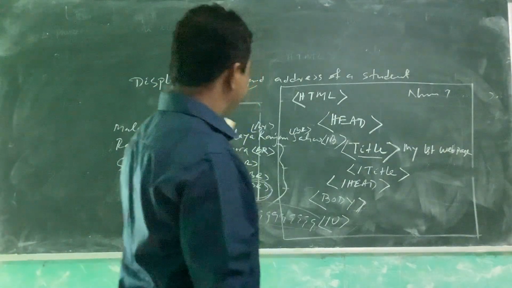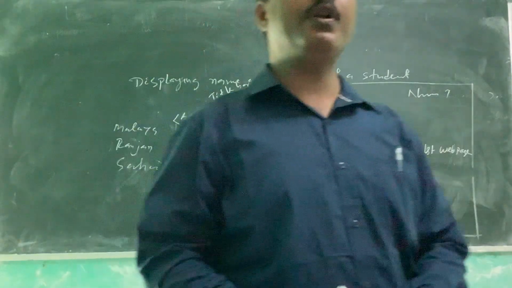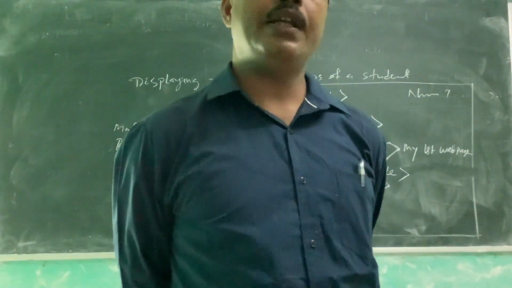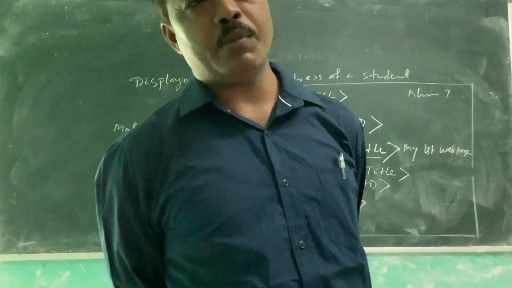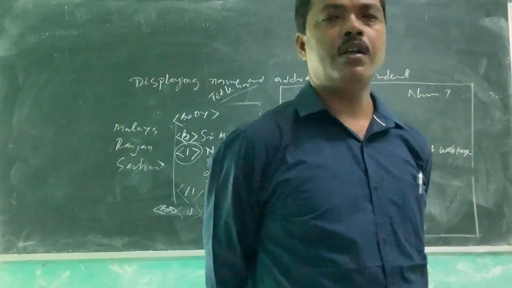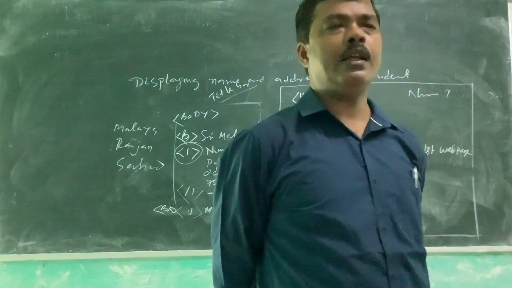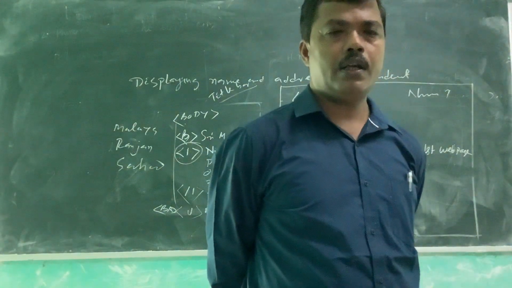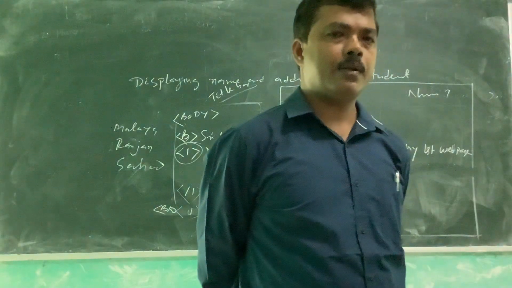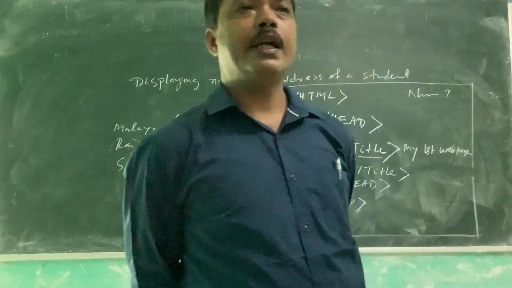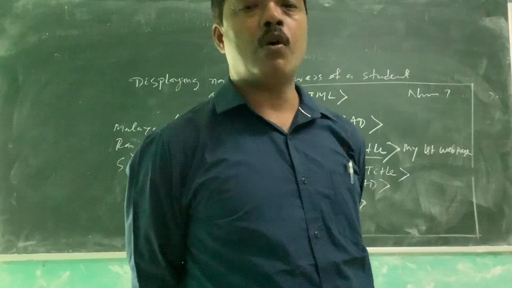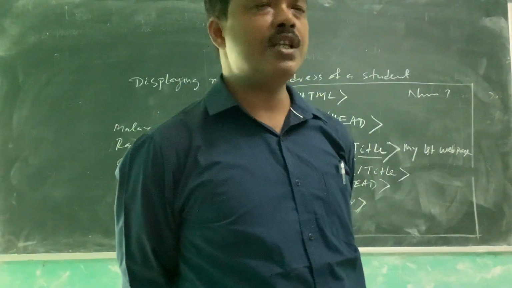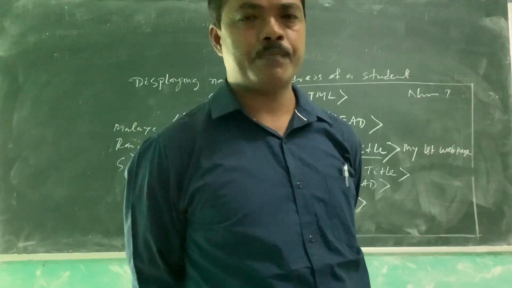Okay, so we can write the break tag anywhere in a sentence. It may be placed at the beginning of a line, in the middle of a line, or at the end of a line. But remember, it is an unpaired tag. That means there is no closing tag.